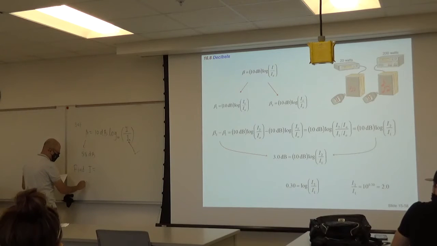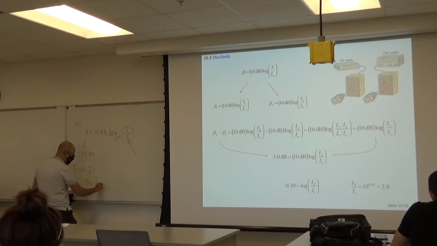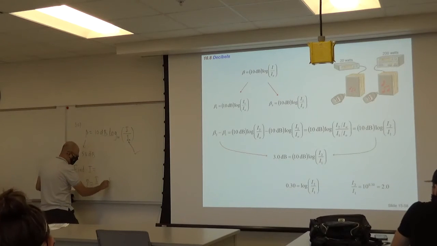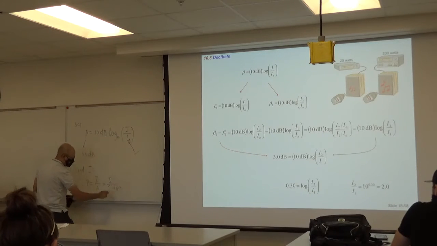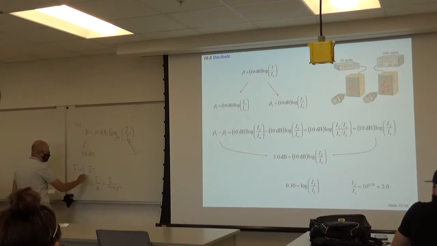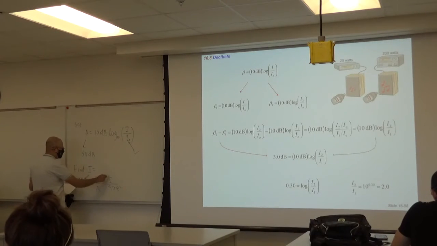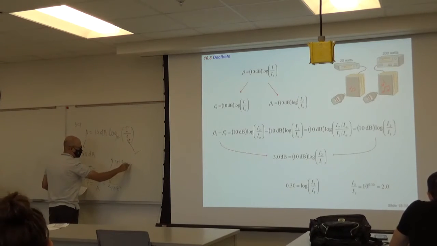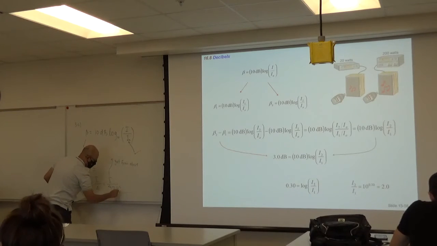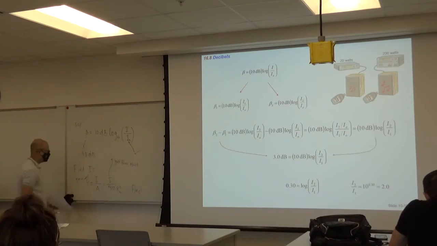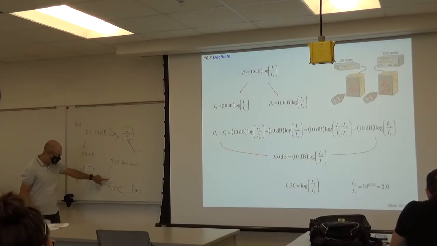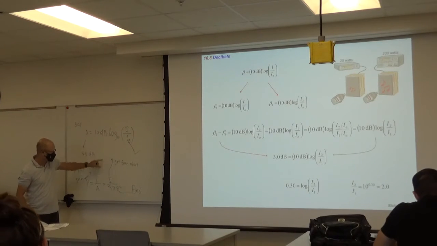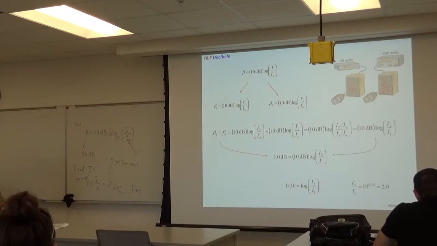So power is I times A, where A is 4 pi r squared. This is the given power of the speaker. Intensity you find from the above equation, and then you find r. That's what you need to do.